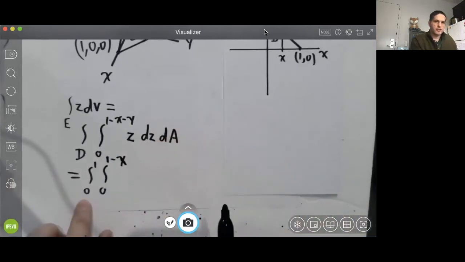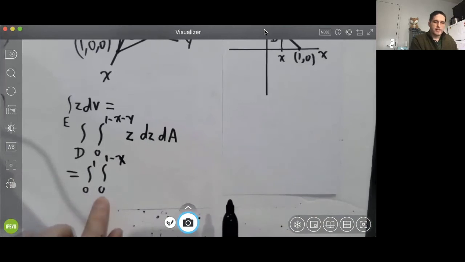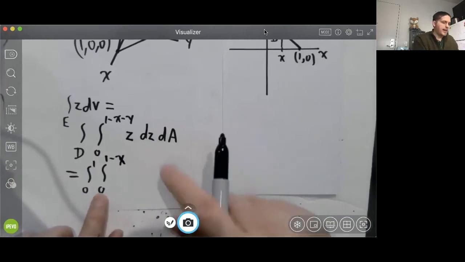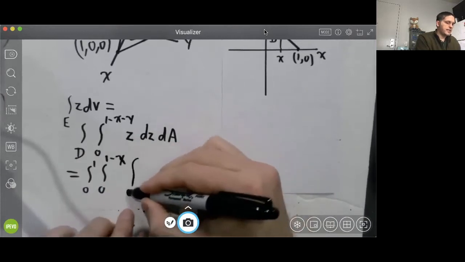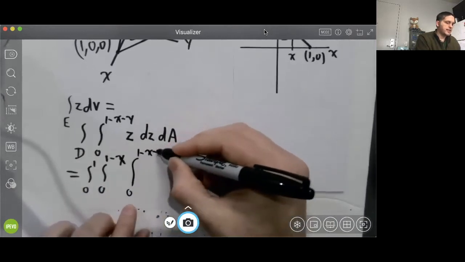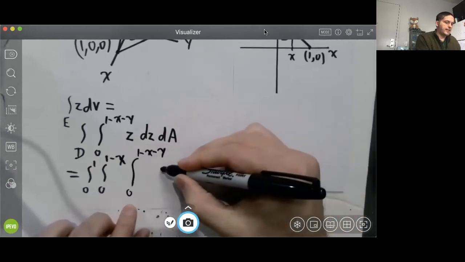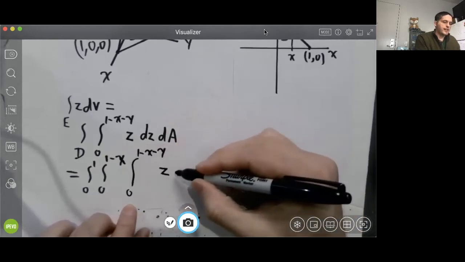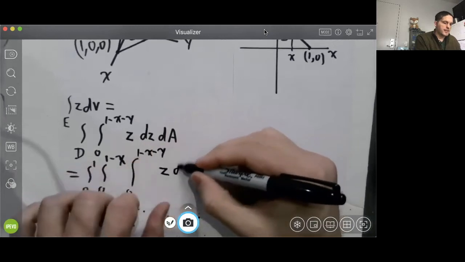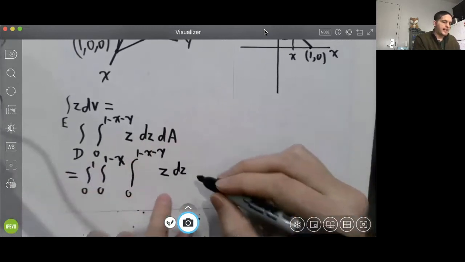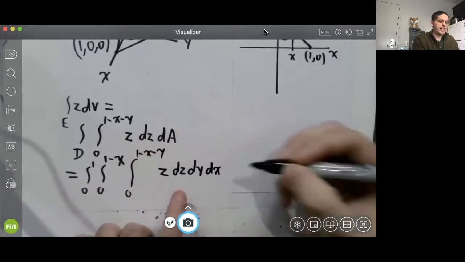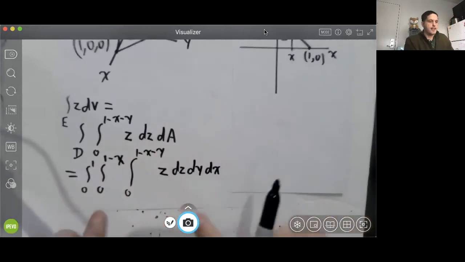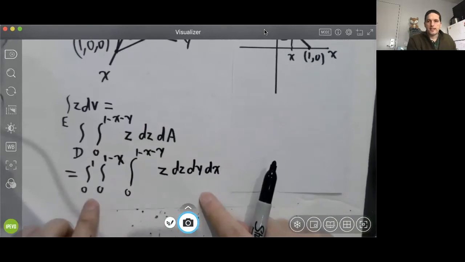X goes from 0 to 1, y goes from 0 to 1 minus x. And then on the inside, I still have the integral from 0 to 1 minus x minus y, and the function I'm integrating is z. This inner integral is with respect to z, and then I have dy and then dx. So this is our iterated integral, and this is what we need to evaluate.